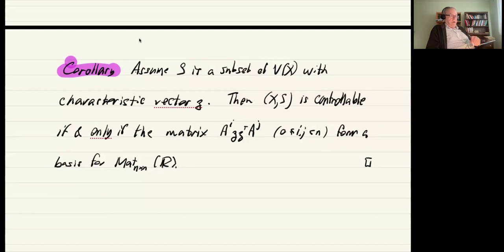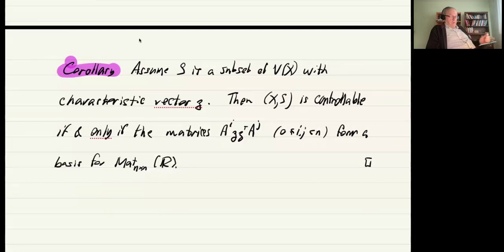If S is a subset of the vertices of X with characteristic vector z, then X and S is controllable if and only if these matrices form a basis for the n by n matrices.